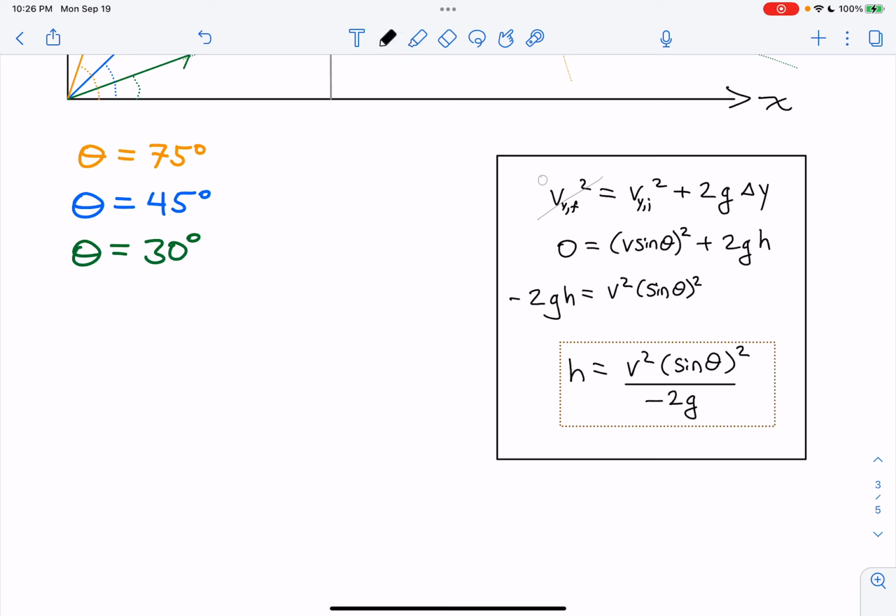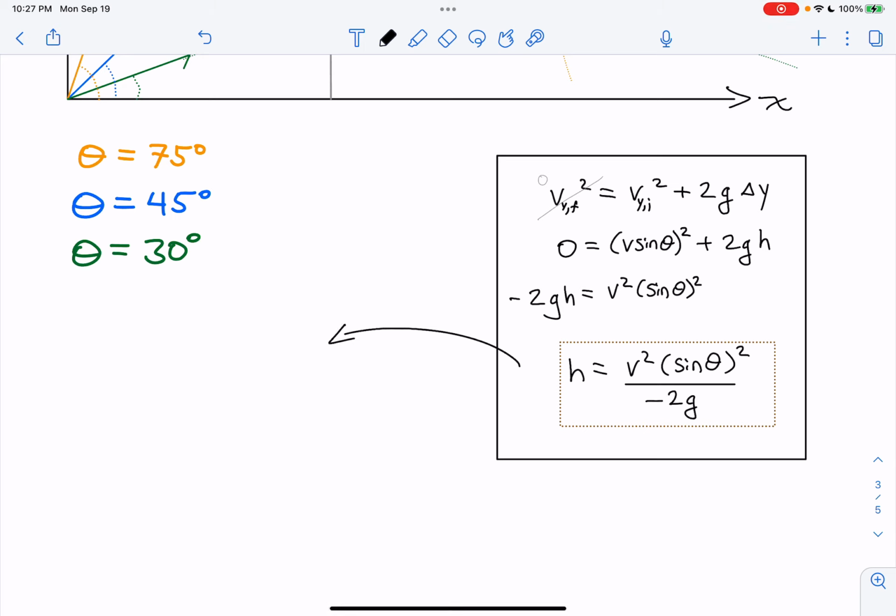But what we want to do in this case is look at that equation but isolate the velocity, so that we understand how the launch velocity will be related to these other terms, the h value and the theta. So let's pull this out over here and do that.